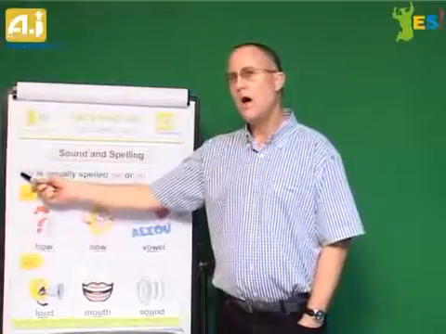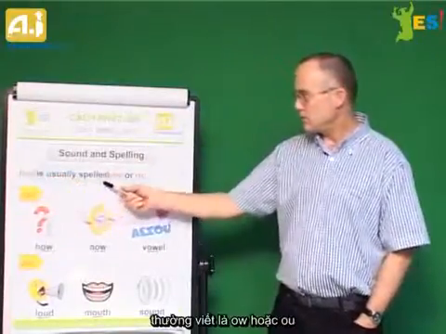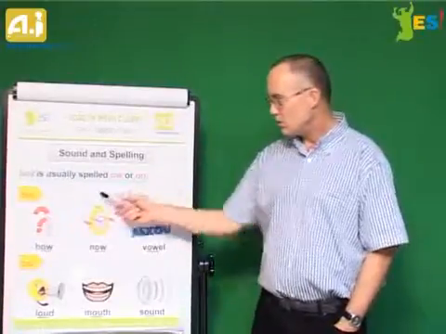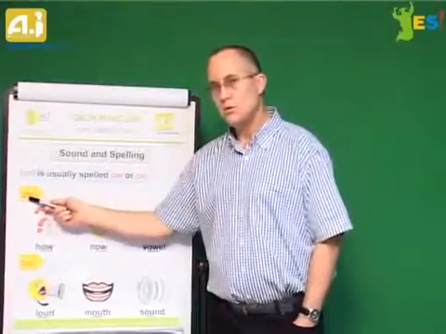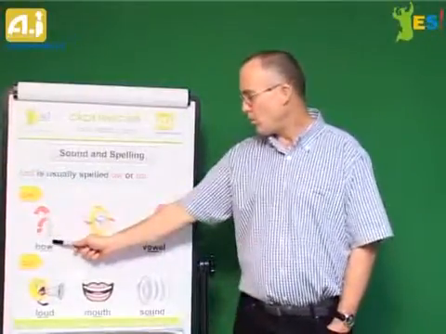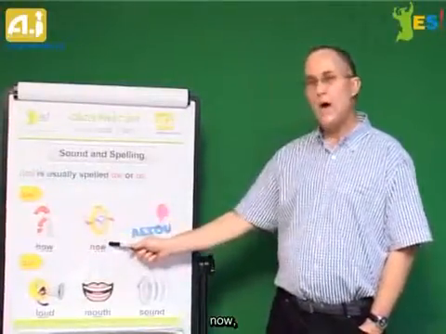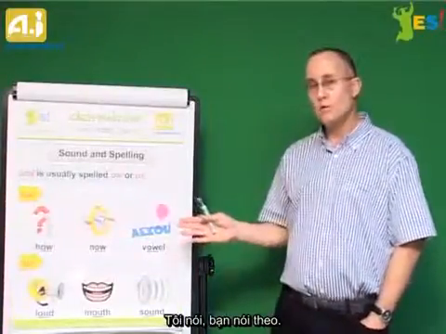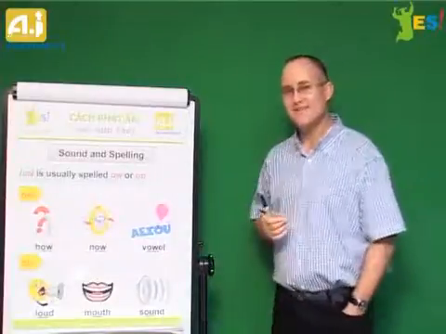Owl. Owl is usually spelled O-W or O-U. Owl. How. Now. Yeah, you can say them with me. I will say the word. I say, you say, okay?